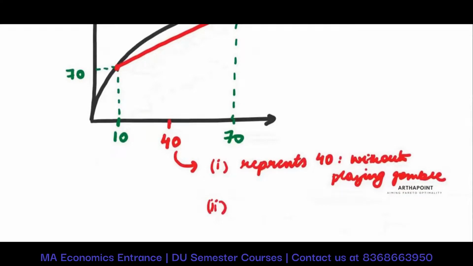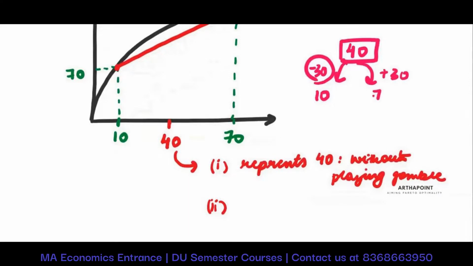When I was playing the gamble, there were two situations. I had 40 in my pocket, and when I played the gamble, either that 40 became 10, I lost 30, or I gained 30 and it became 70. So either I would make 70 or I will make 10, but with a probability of half each.